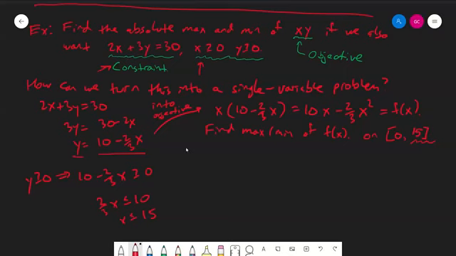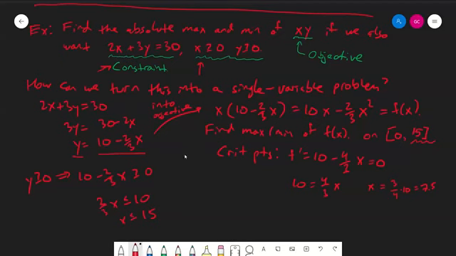And so now we do what we did before. We find the critical points. So f prime is 10 minus 4/3 of x. Set that to 0 and solve. So 10 equals 4/3 of x. That means that x is 3/4 of 10, so 7.5.